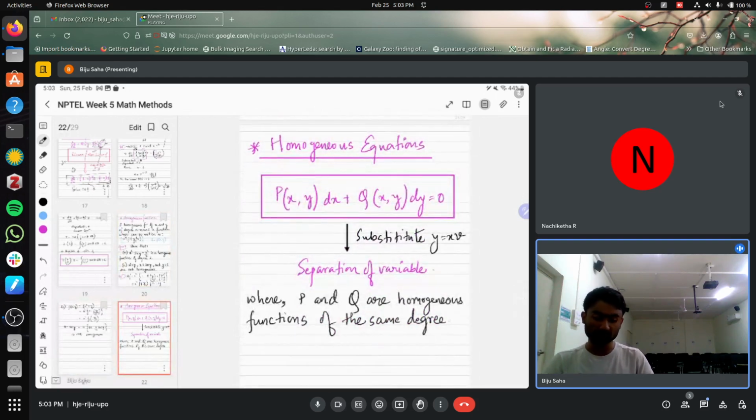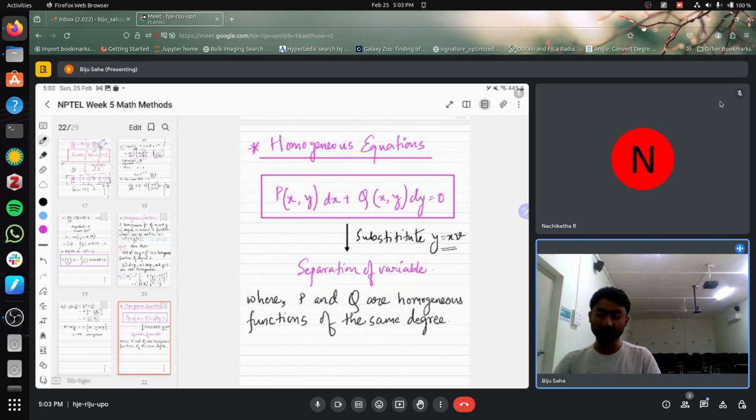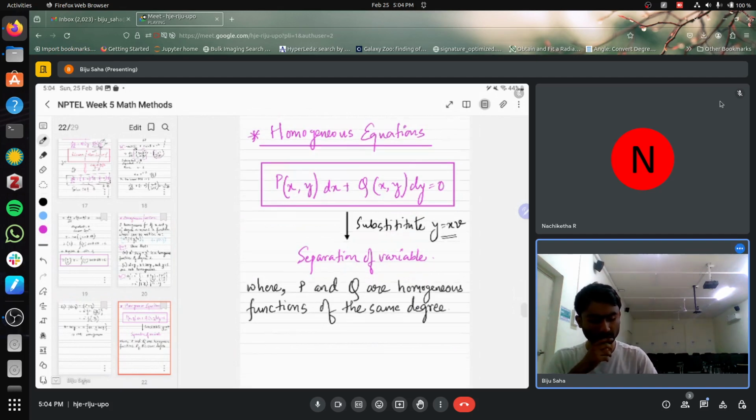You can solve this differential equation by making the substitution y equal to x into v. When you do this, you can easily separate the two variables on the two sides of the equality. The left hand side would comprise of just v and the right hand side would comprise of just x. So you have achieved separation of variables. The next step is to integrate on both sides and get the solution.